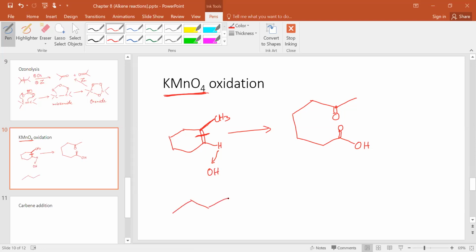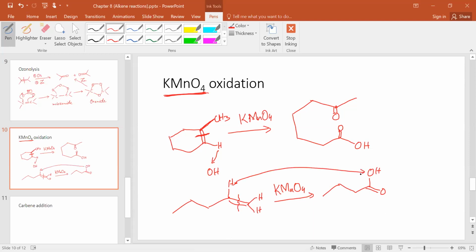Now suppose with the KMnO4 reagent, if you have a compound like this, 2 hydrogens are here. Here you have 1 hydrogen. So it will be chopped here. So KMnO4, and then this will make OH, see this H. And here you have 2 H's, so carbon and 2 H's will be OH and OH.